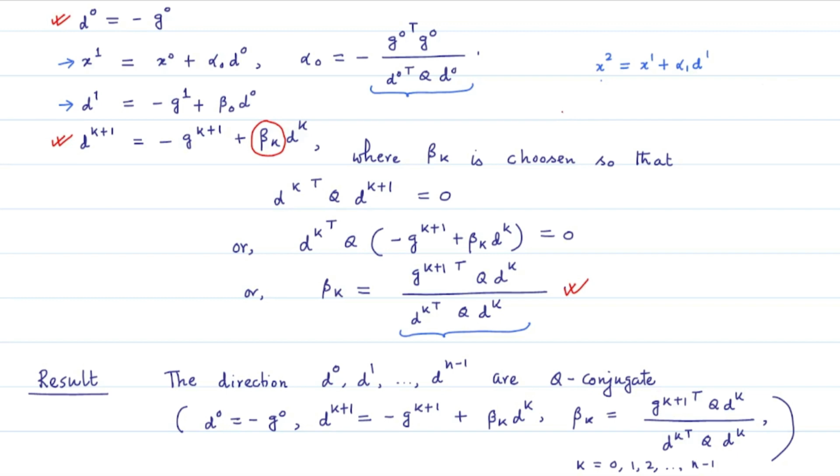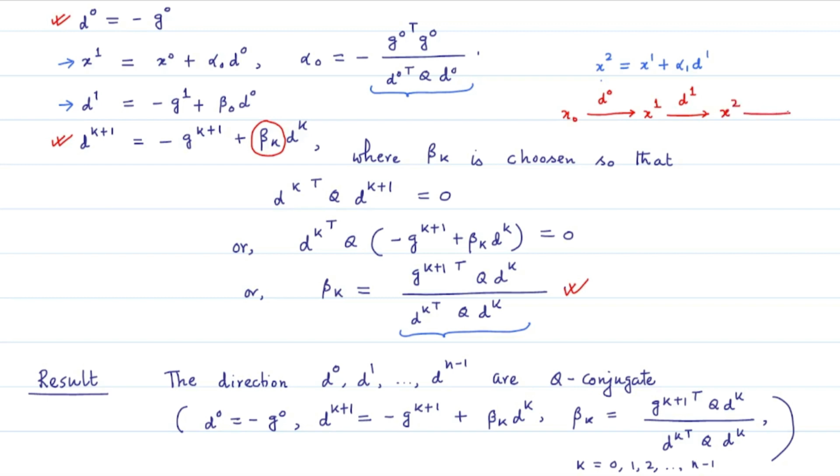So in this way you start from the initial iterate x0, then you compute the direction d0, reach at the point x1, then reaching at the point x1 you compute a direction d1, that is Q conjugate with the vector d0, and by moving along the direction d1 you reach at the point x2.